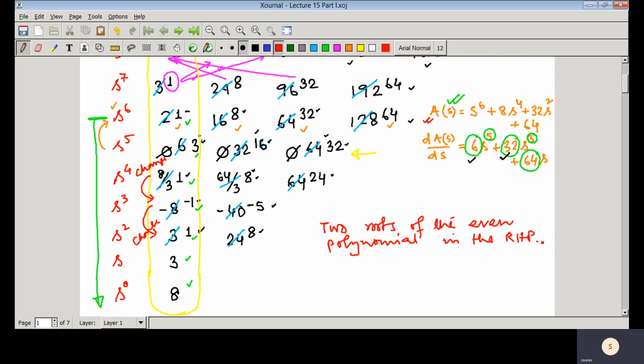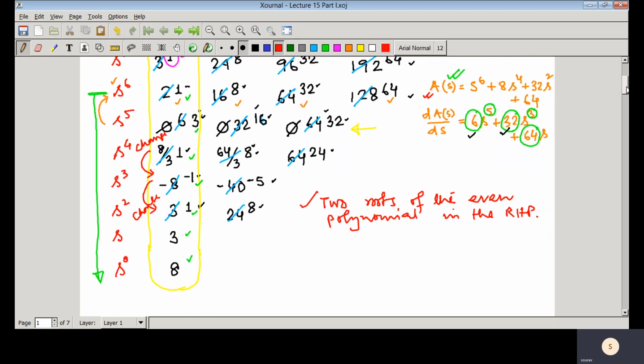So two roots of the even polynomial in the right half plane. Since two roots are there, and we know that in case of even polynomial the roots are symmetric with respect to origin, so obviously two roots, to maintain the symmetry with respect to origin, so two roots of the even polynomial in the left half plane.